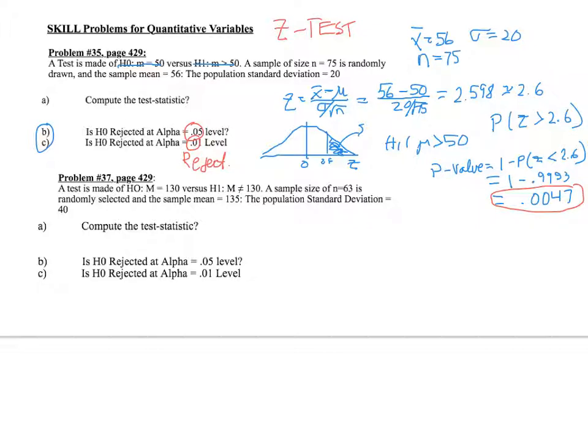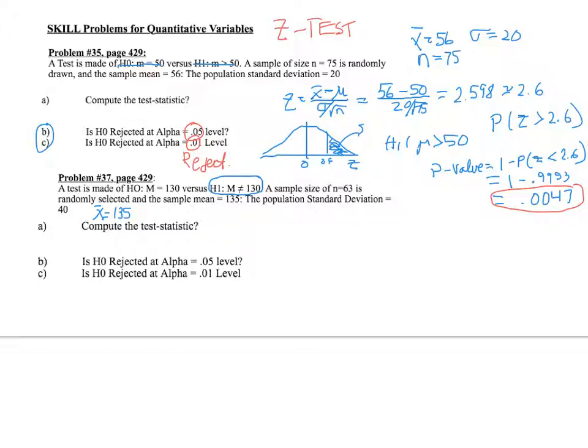Let's look at problem 37. Here we have a two-tailed test, right? Because the alternative is not equal to 130. When we compute our pieces of information, let's take a look at those. We have a sample mean equal to 135.